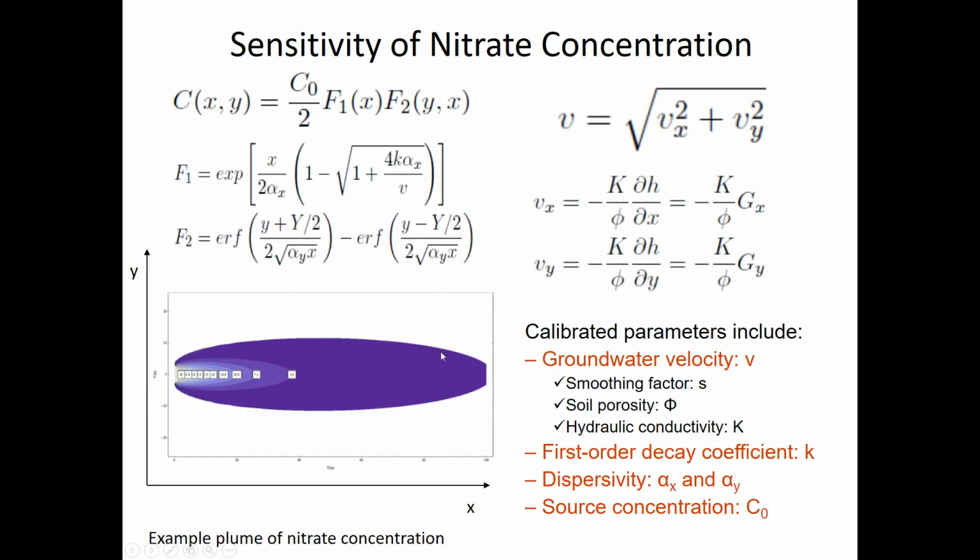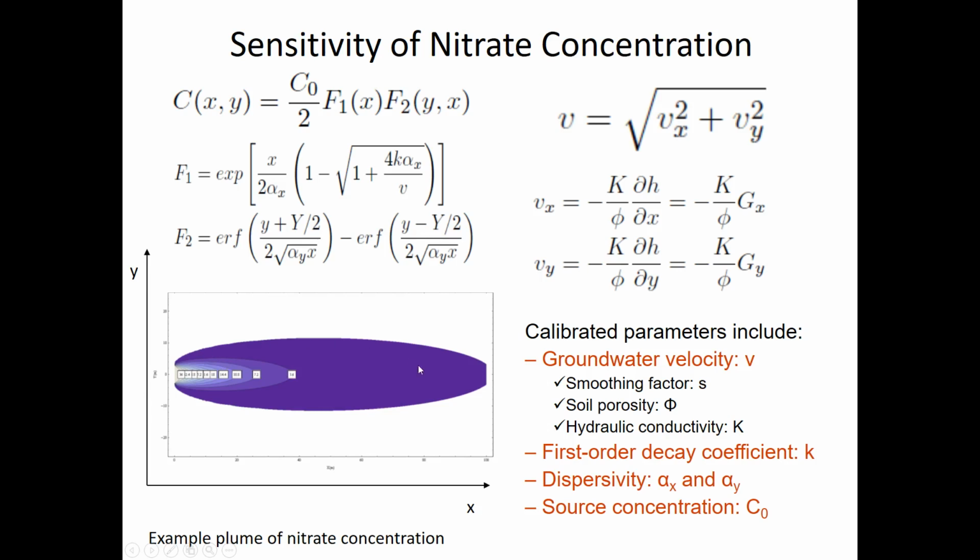So this is a concentration plume. You have a source plane here, and this is the flow direction, and then you have a plume. This is not time. This is concentration, with values higher here and lower here.